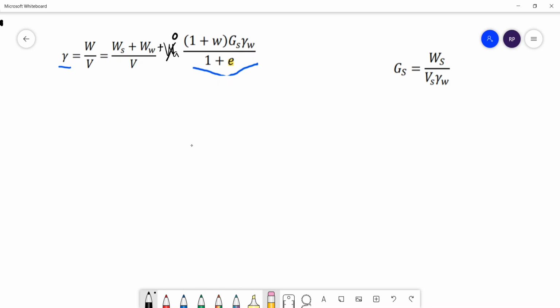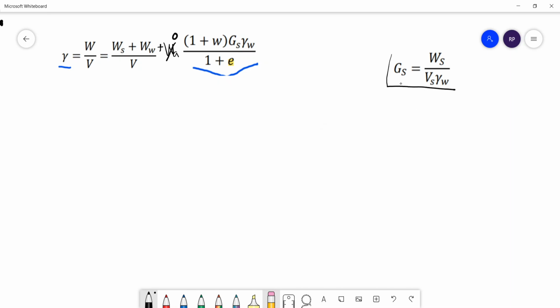Okay, so paano ba naging ganyan yung ating equation? First, kunin natin yung equation ng ating specific gravity, Gs, mula sa ating past discussion.